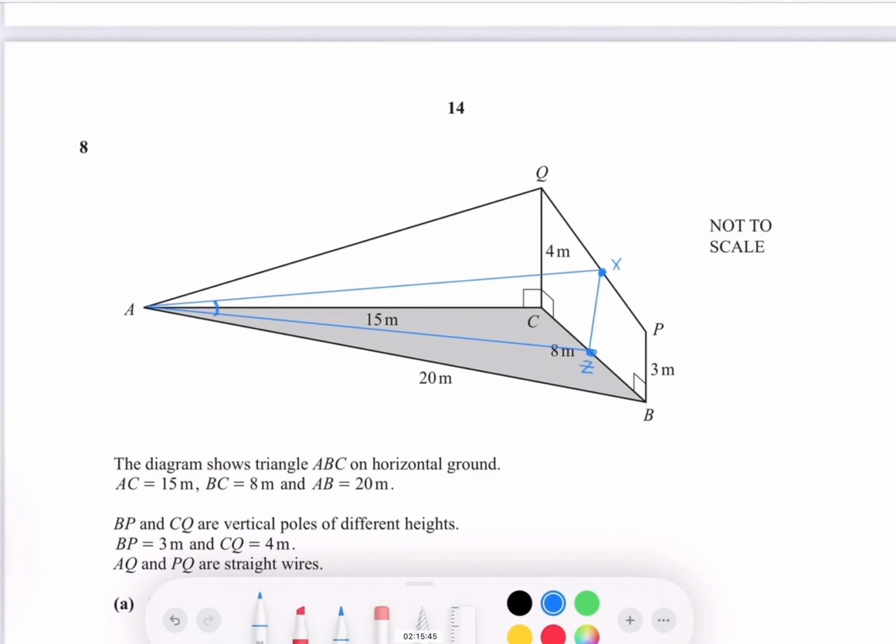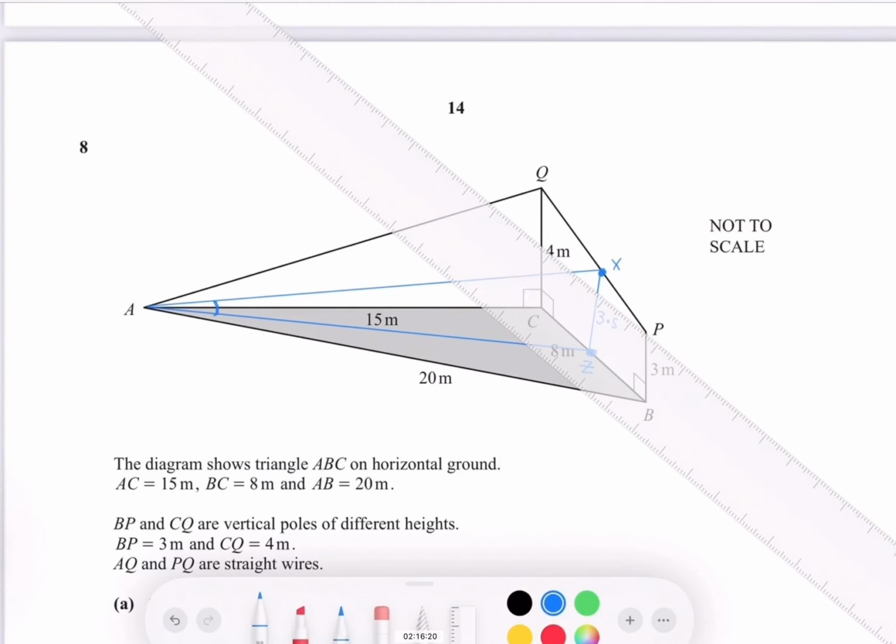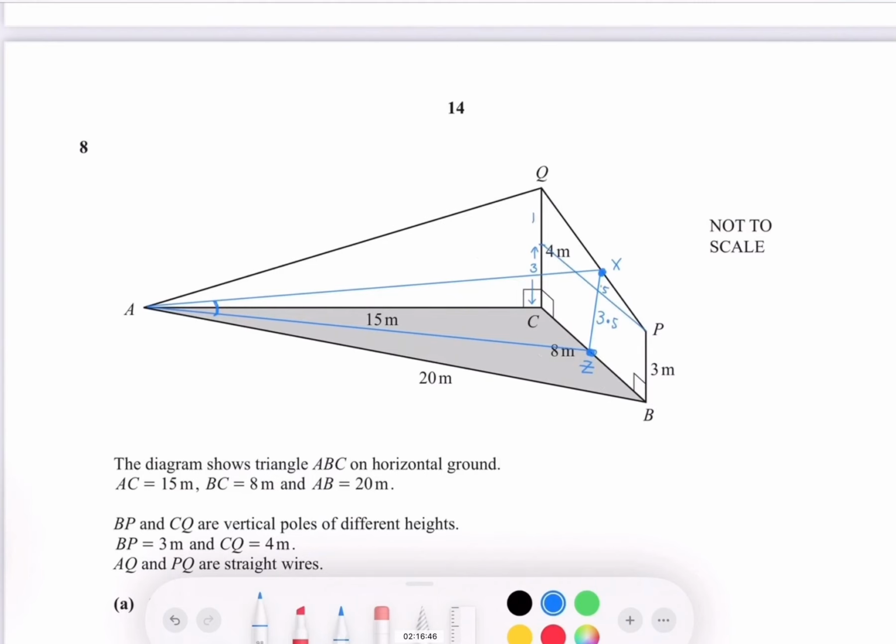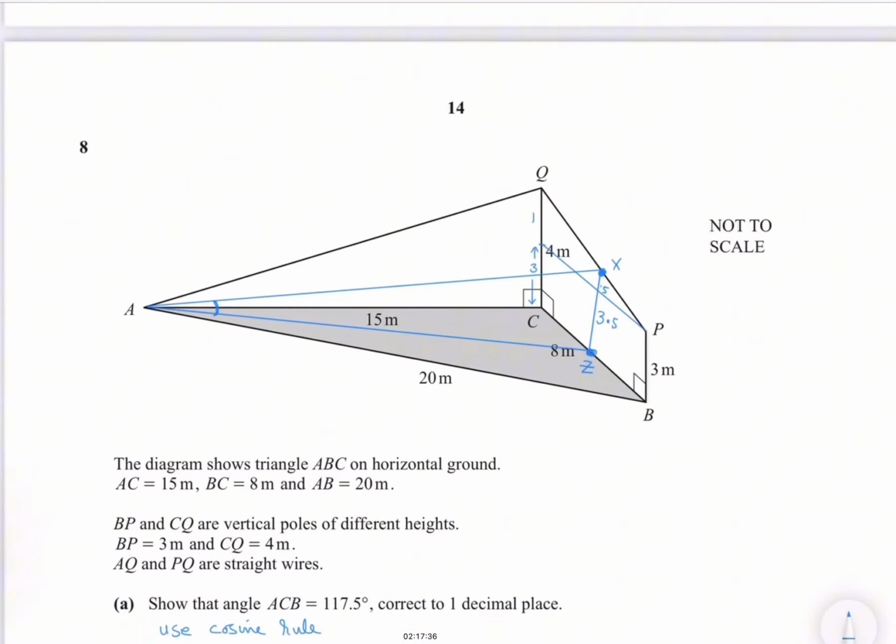Now this is 3.5. How is this 3.5? If you mark this line, this is 1, and from there 0.5, I have written 0.5 because this is half of 1. So this angle is 117.5, you just found out. So this is 4 meter and 4 meter, you can see.